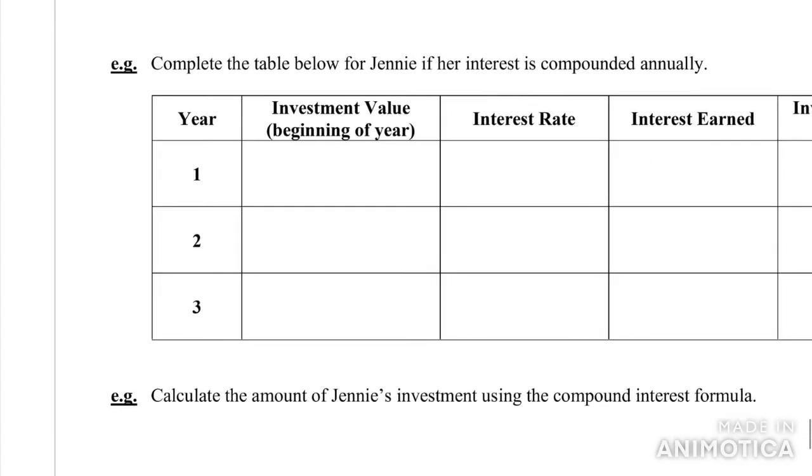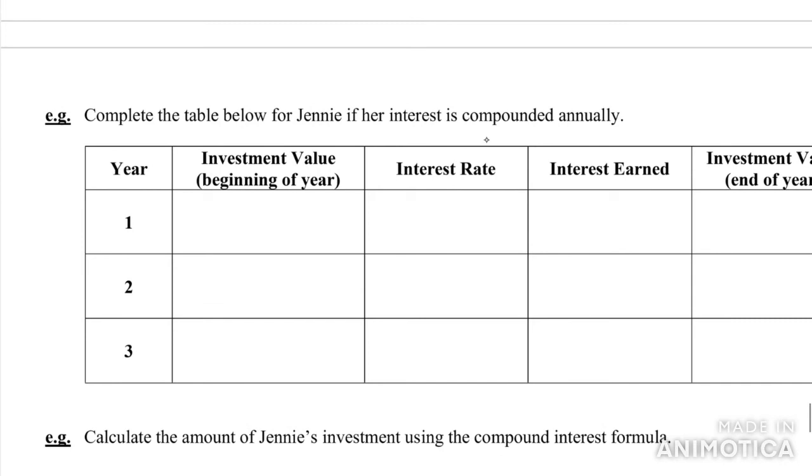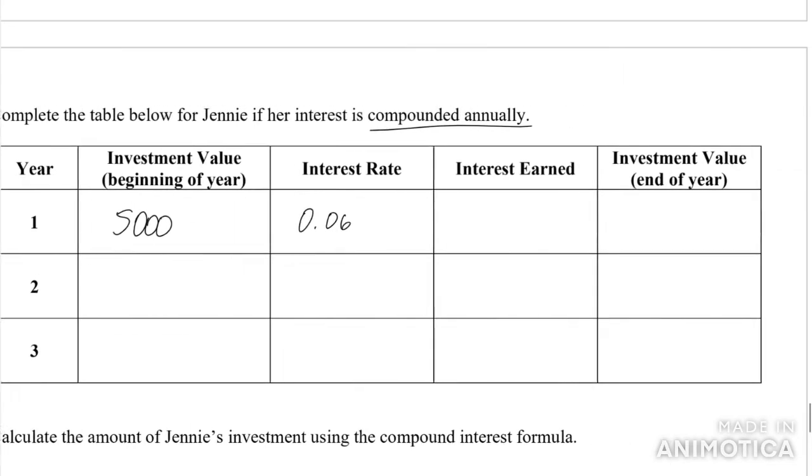So on the next page, we're going to complete if the interest rate was compounded once per year. So investment value, how you would make a table like this is at the beginning of the year, how much did she invest? So she had $5,000. The interest rate is 0.06. Interest earned, I calculate 5,000 times 0.06.